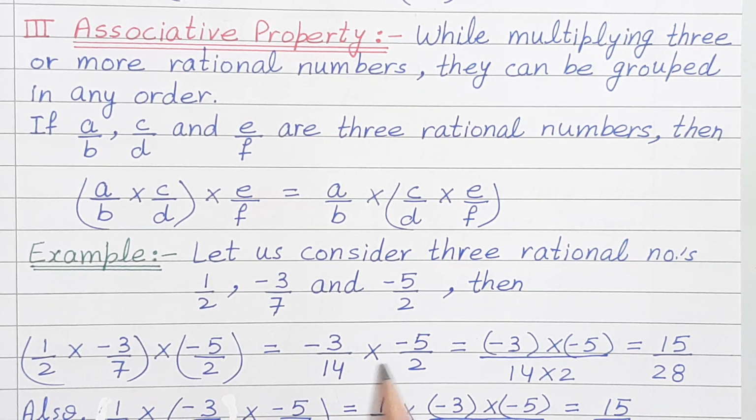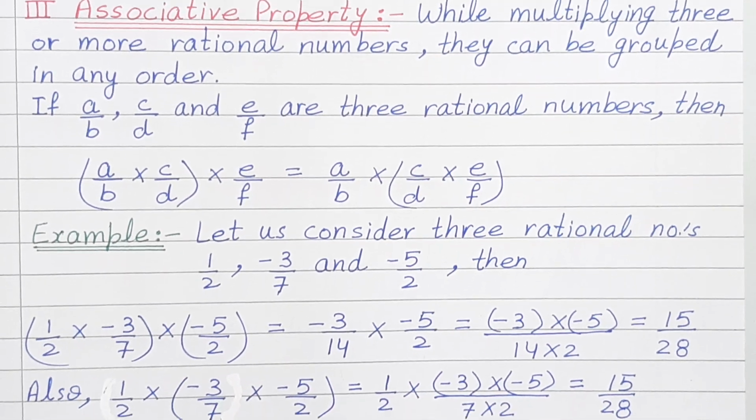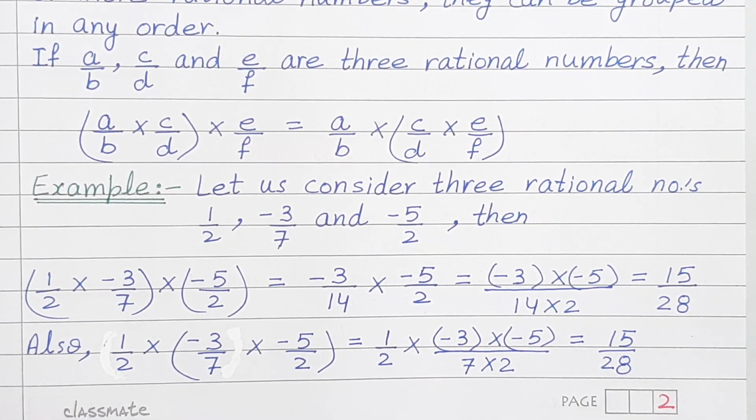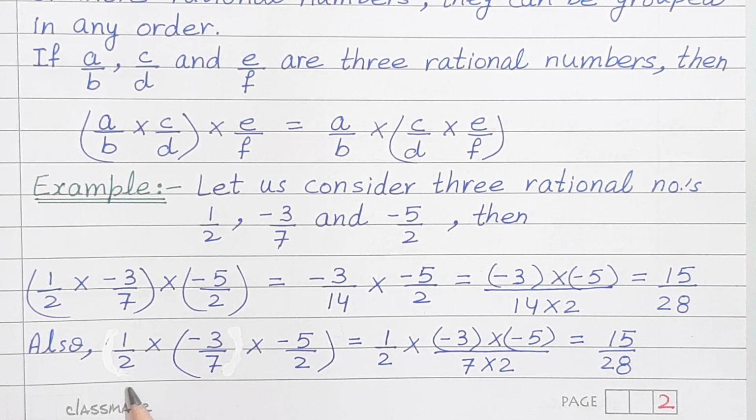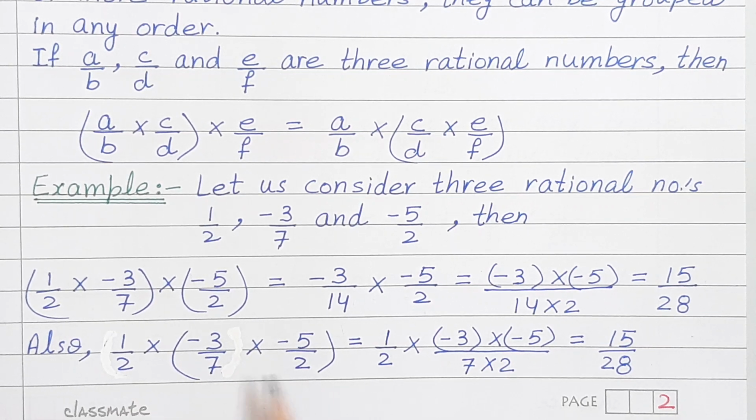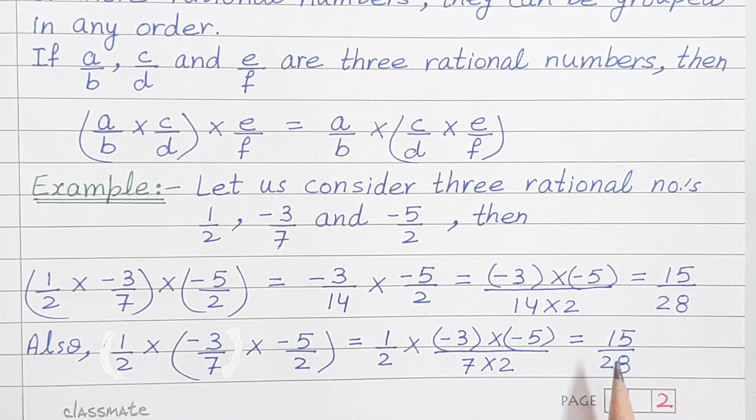And it is multiplied by minus 5 upon 2. So the answer is 15 upon 28. Similarly, when we solve the right hand side, keeping 1 upon 2 outside the bracket and multiplying the last two terms, minus 3 upon 7 into minus 5 upon 2, again the answer is the same. So that means the associative property holds for multiplication.